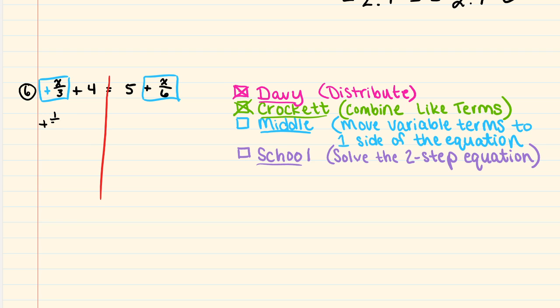Positive 1/3 x. So hopefully that helps you a little bit. And this is positive 1/6 x. So again, it doesn't matter which one you move. I'm going to choose to move 1/6 x just because I think it's easier to move the smaller one.